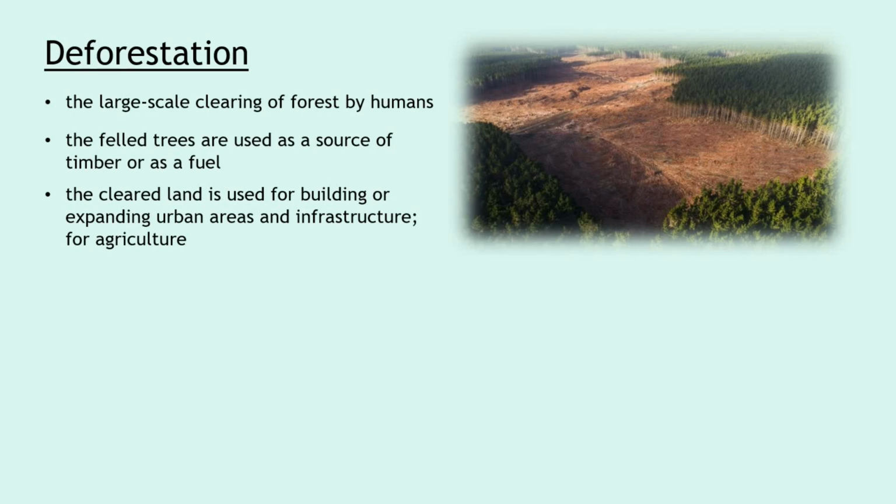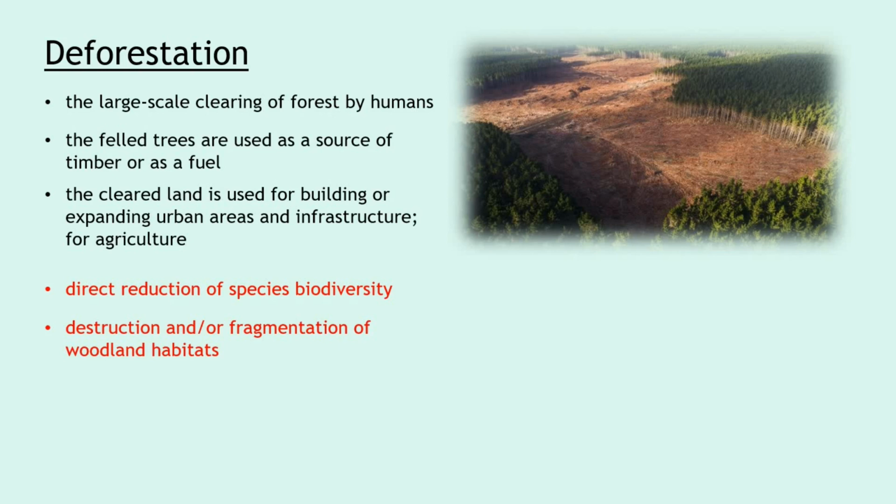So why does deforestation negatively impact biodiversity? So the first very straightforward reason is that if you're cutting down trees, you are removing individuals of a population, and you are directly reducing species biodiversity. That is quite obvious. The second problem is that you are destroying or fragmenting woodland habitats.